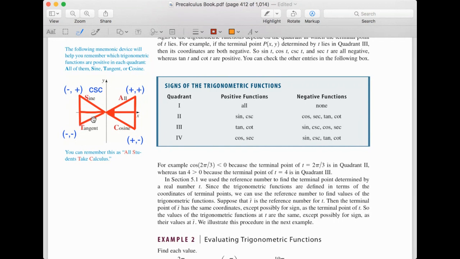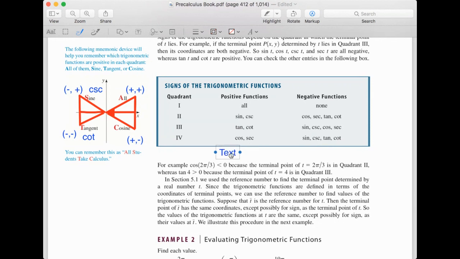So cosine is negative. But tangent is positive, because negative divided by negative stays positive. Similarly, cosine is positive in the first quadrant. All others are negative. Well, of course, it's with its inverse, cotangent. So tangent and cotangent are positive.